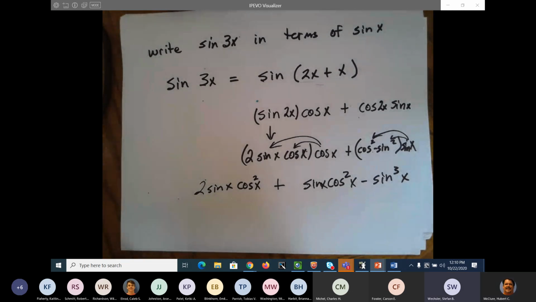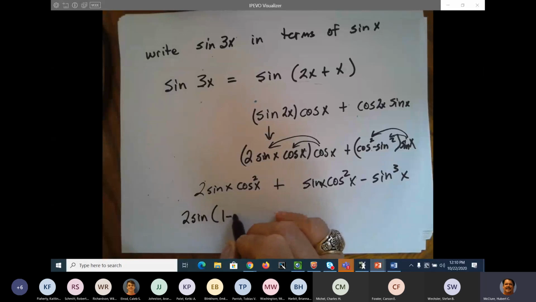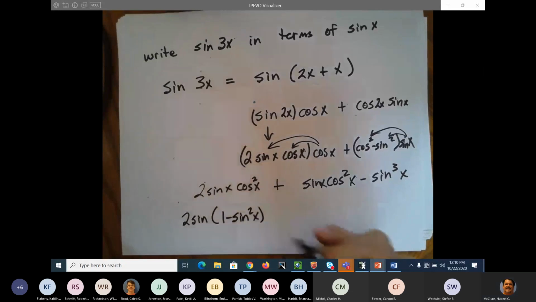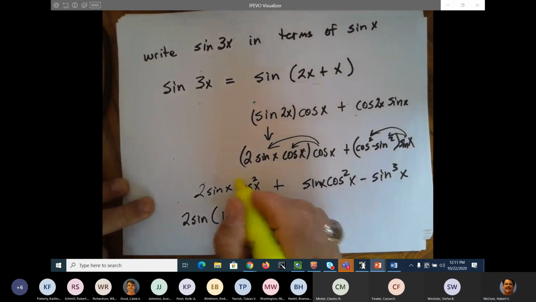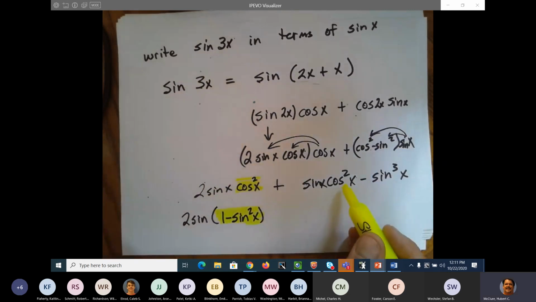Now you can rewrite cosine squared of x as 1 minus sine squared of x. So that's going to be 2 sine of x times 1 minus sine squared of x. And I'm going to take my highlighter and highlight that cosine squared. I'm using my Pythagorean identities, and I'm going to do the same thing there.